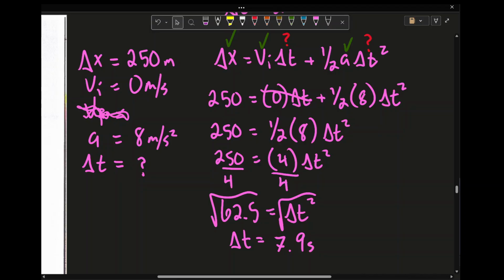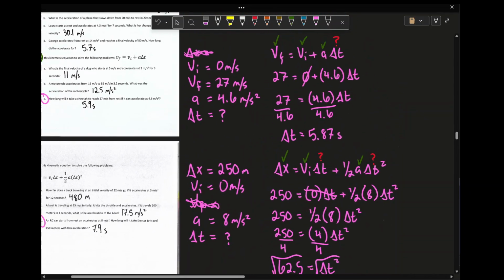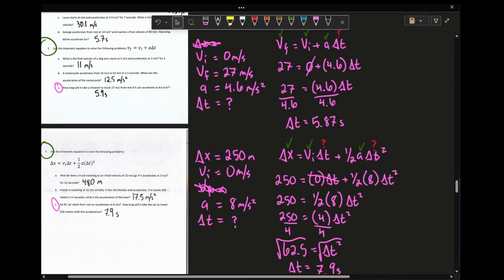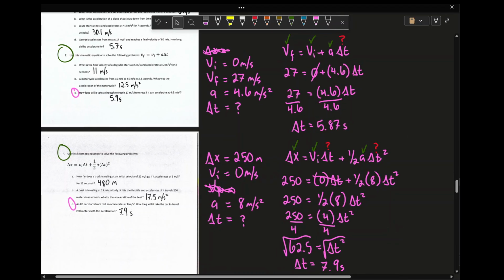So the question of which equation is the one to use really does boil down to this process of what information am I given, what information am I looking for, and then by process of elimination. This problem up here did not require delta x, it wasn't even in the problem, and this one didn't have or need VF.